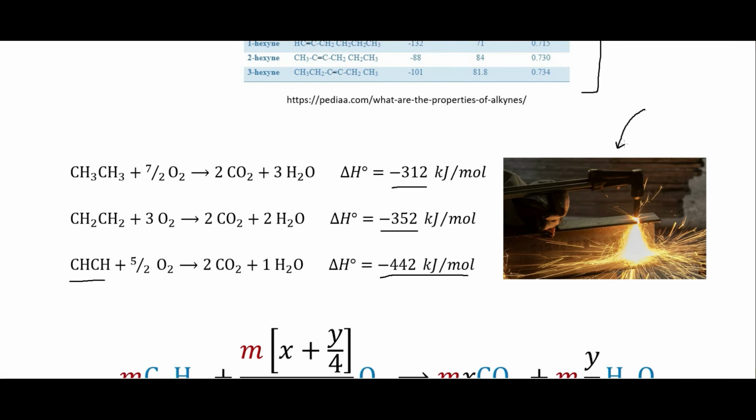There are a few things that you have to do in the tank for storing the ethyne, but I won't get into that. So the point here is that we can give off more heat per mole with the ethyne, and so that's what makes it better than, say, ethene or ethane for using these acetylene torches.